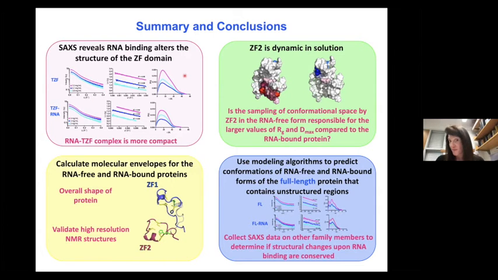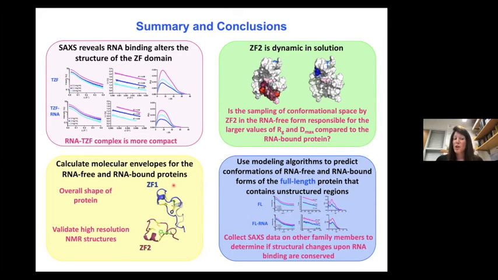And then by combining our SAXS data with our dynamics data, where we see zinc finger 2 exploring a lot of conformational space, we think that these really complement one another and give us insight into maybe why the Rg and Dmax values that we're seeing are larger for the RNA-free form of the protein. It may be due to this sampling of conformational space by this second zinc finger domain, compared to when you have RNA coming in and binding and really locking this zinc finger domain into a final single structure.